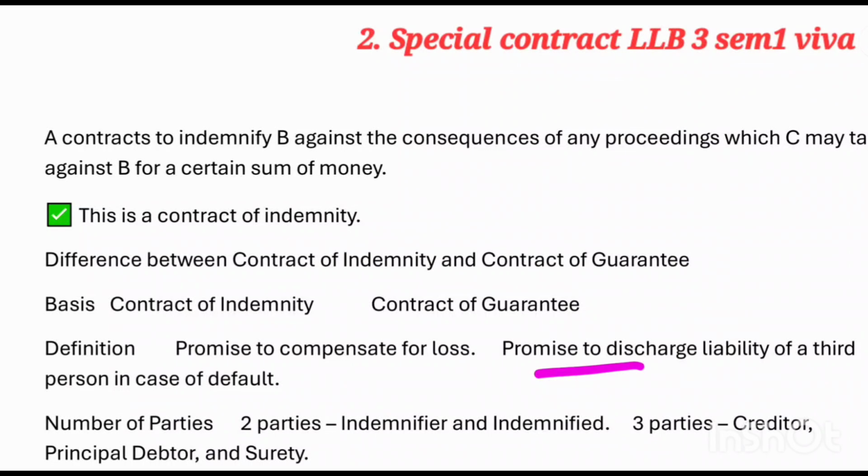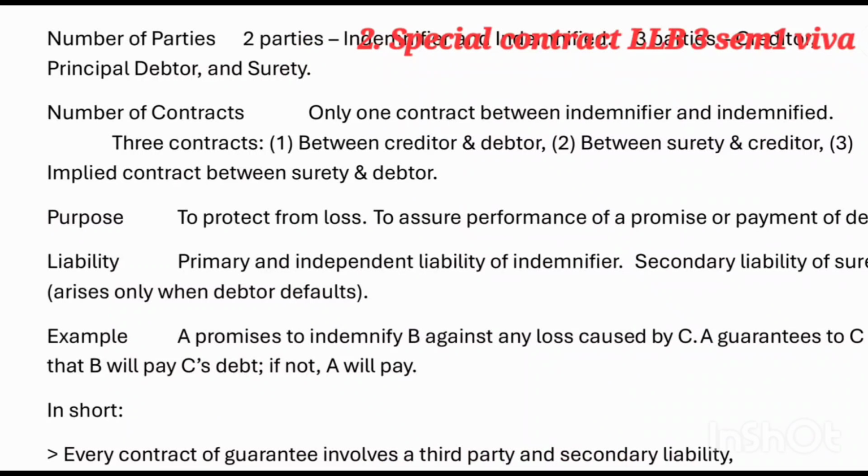Contract of guarantee is a promise to discharge the liability of a third person in case of default. Number of parties. Indemnity has two parties, indemnifier and indemnified. Guarantee has three parties: creditor, principal debtor and surety.